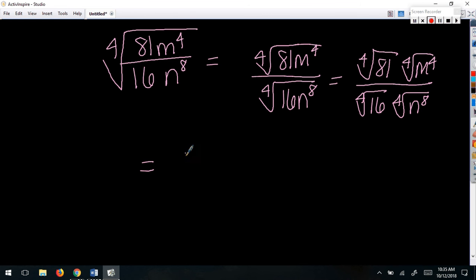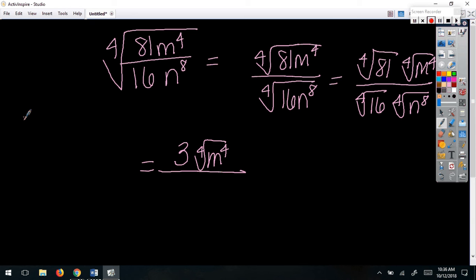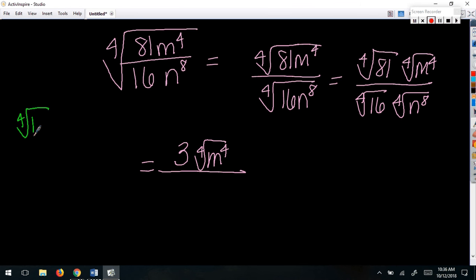The 4th root of 81, that would be 3. And then I still have the 4th root of m to the 4th power over the 4th root of 16. So let me come over to this side just a minute. The 4th root of 16, I'm going to make a list of 4th powers here. So 2.